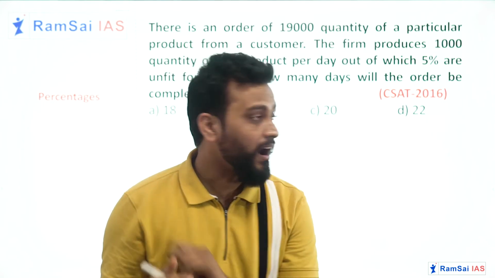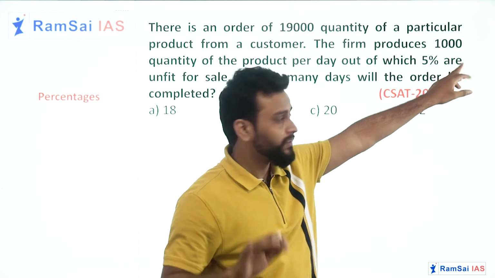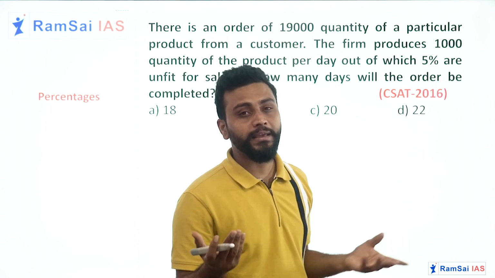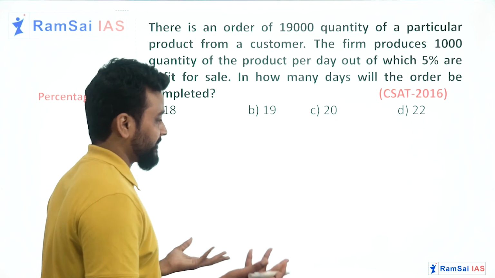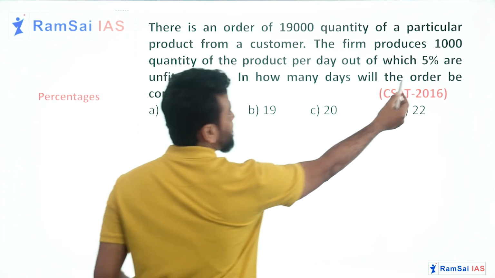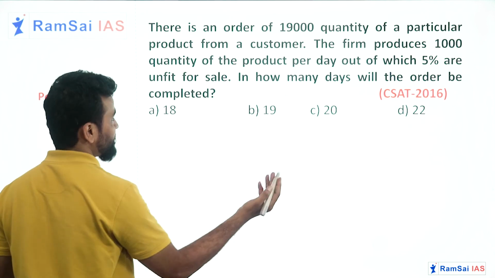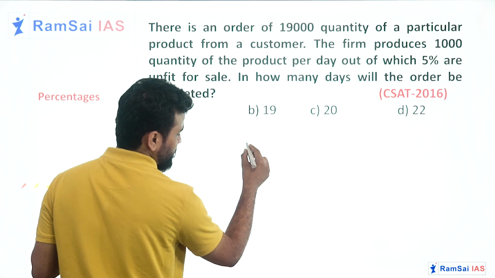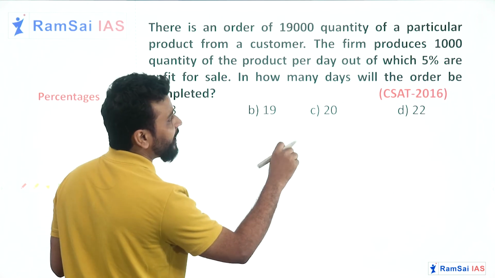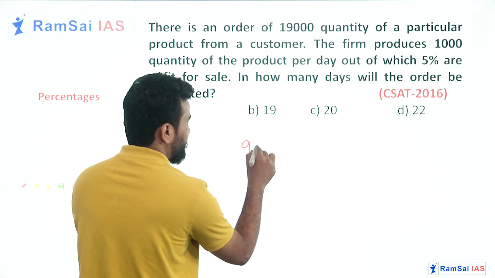But here all the produced items, the 1,000, are not fit for sale. A few might be damaged or they might be wrong products. It can be anything. So we have to subtract the 5% from 1,000. What is 5% of 1,000? That is 50, right? So 50 are not fit for sale. Only 950 are fit for sale.